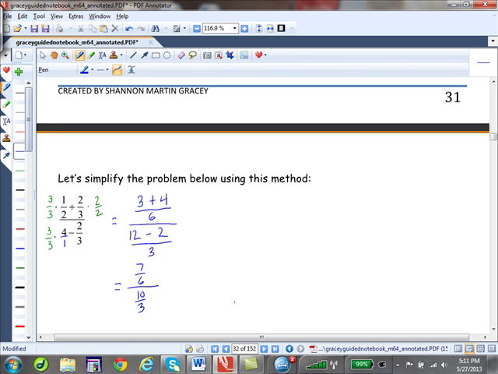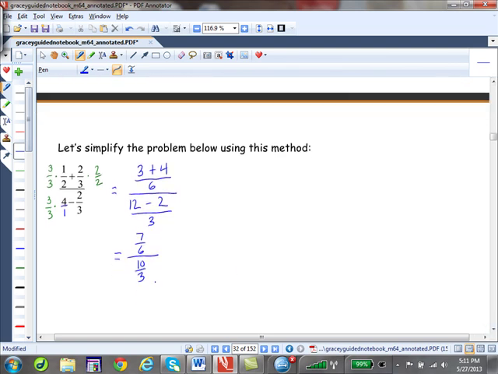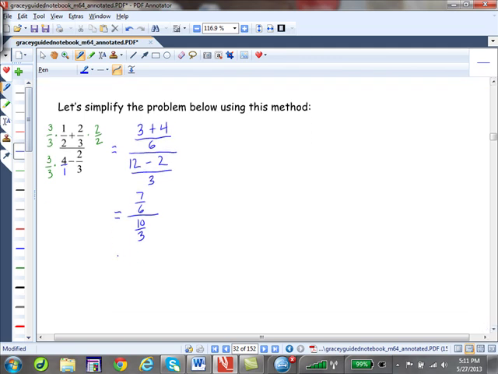Now I have the complex rational expression in a form where that fraction bar means divided by. So this is 7/6 divided by 10/3. As you know, when we have a situation like that, we invert and multiply the divisor.